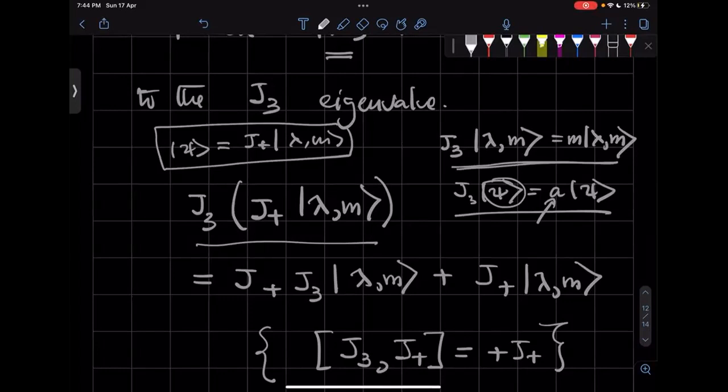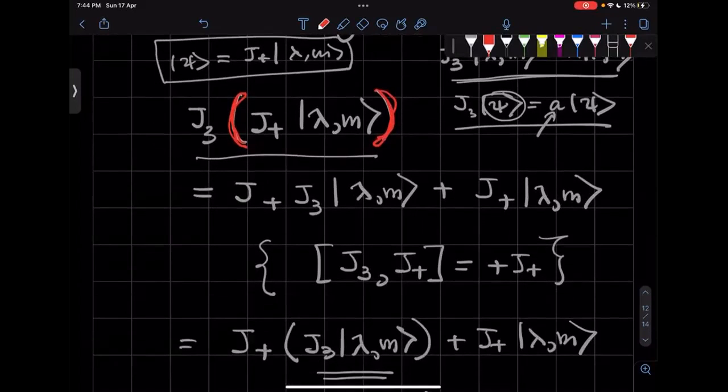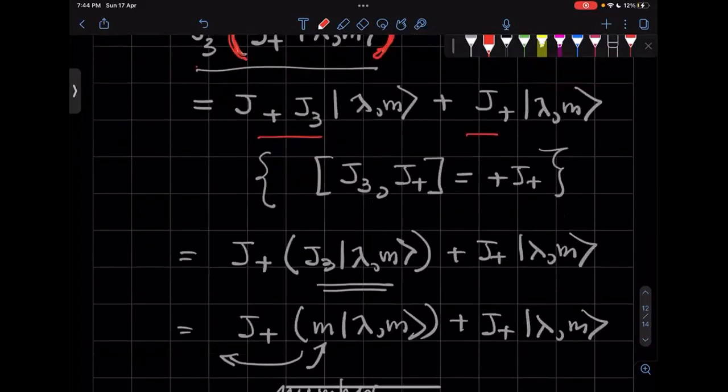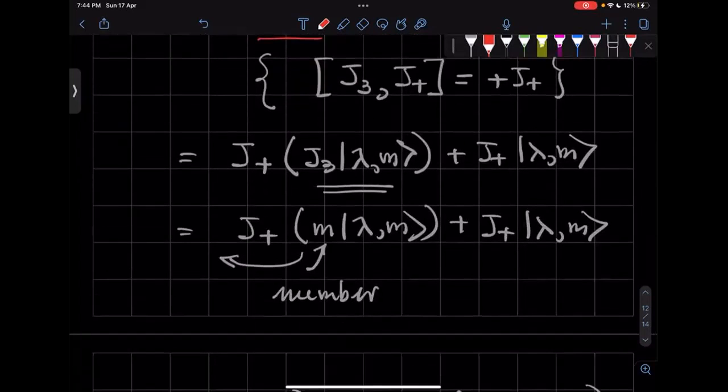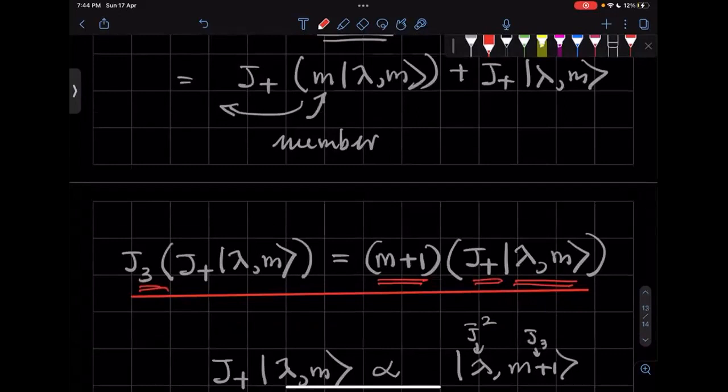Okay, I see. So this whole thing is the state. And what I've proved here is that if you apply J3 on it by using the algebra, you get another eigenvalue equation, but with the eigenvalue changed to m plus 1.